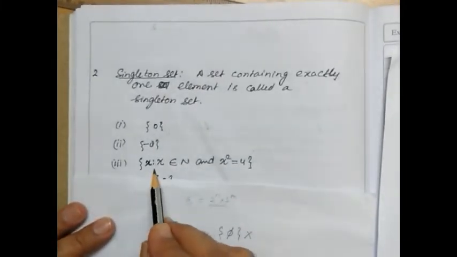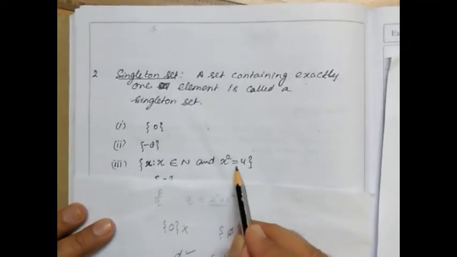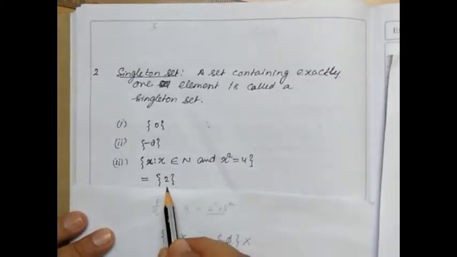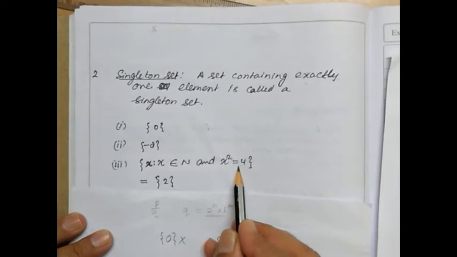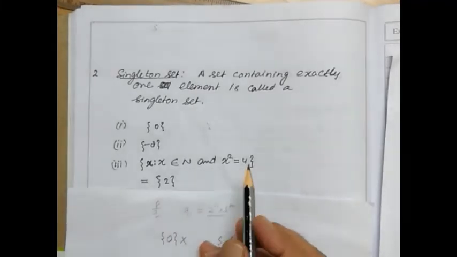Here we see a set having 0 as the element, a set having -8 as the element, and x is such that x belongs to natural numbers and x squared is equal to 4. When we are just talking about the 4, this will become 2. If we take the square root of 4 we will get the value 2, or the square of 2 you will get as 4.